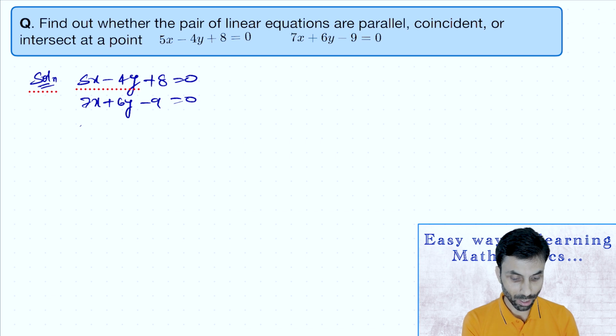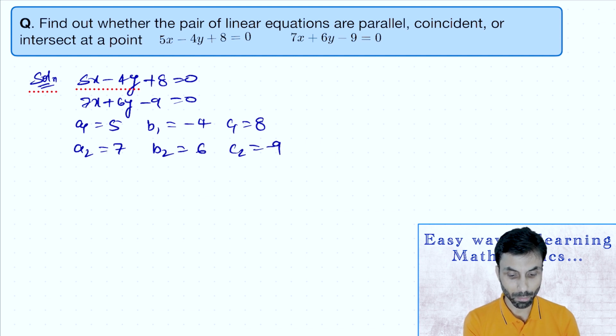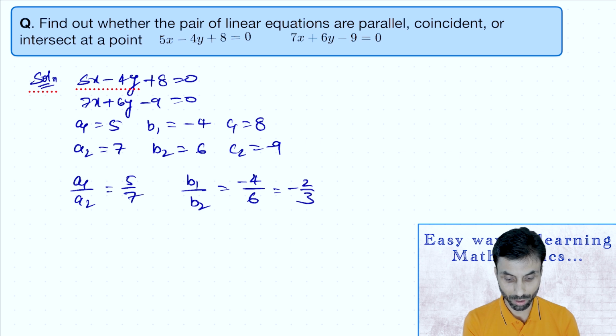Now the value of a1 is 5, b1 is minus 4, and c1 is 8, a2 is 7, b2 is 6, and c2 is minus 9. Now if you find the ratio of a1 by a2, which is 5 upon 7, and b1 upon b2, that is minus 4 upon 6, which is minus 2 upon 3.